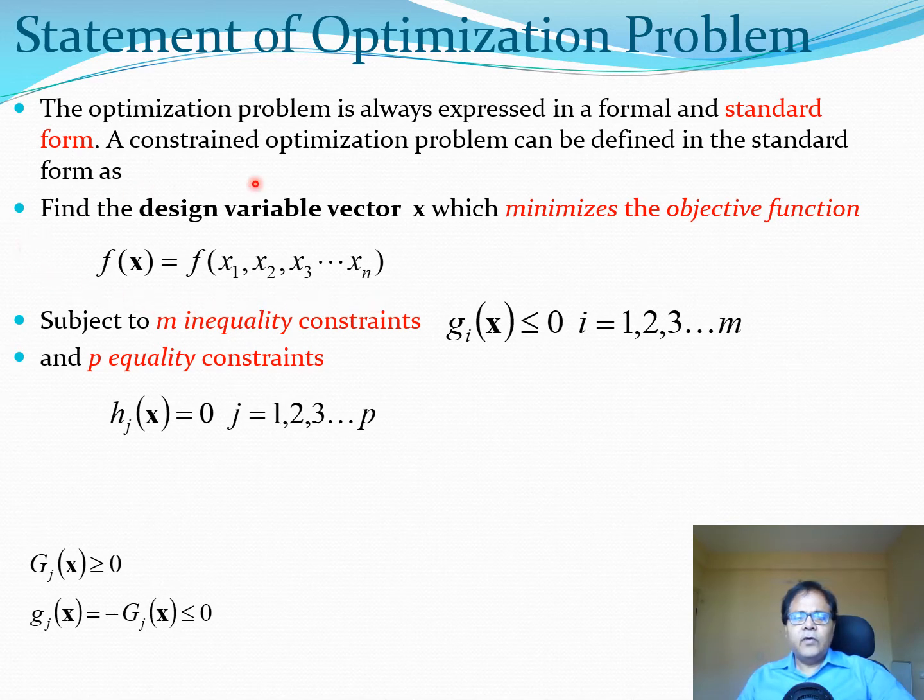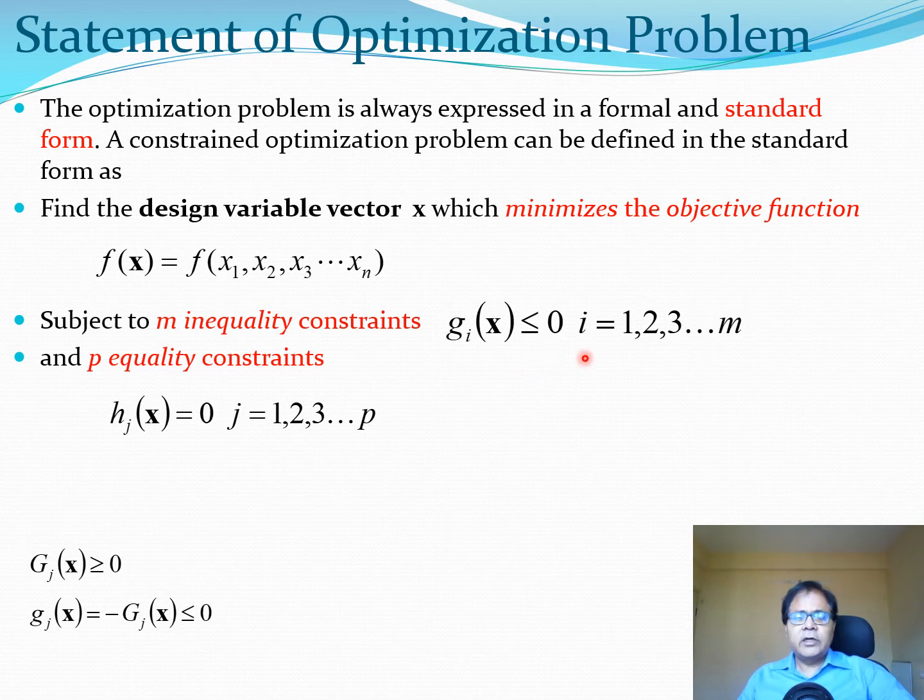Now, if you are only minimizing this function, then you have what is known as an unconstrained optimization problem. But typically most practical problems will have constraints. And therefore you have what are known as the inequality constraints, which we are referring to here by g subscript i of x less than or equal to 0.